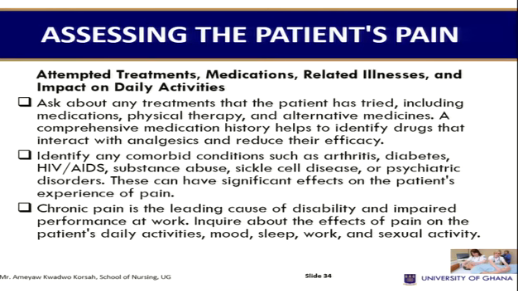A comprehensive medication history helps to identify drugs that interact with analgesics and reduce their efficacy. Identify any comorbid conditions such as arthritis, diabetes, HIV/AIDS, substance abuse, sickle cell disease, or psychiatric disorders. This can have a significant effect on the patient's experience of pain.